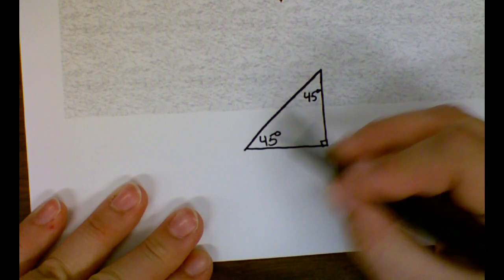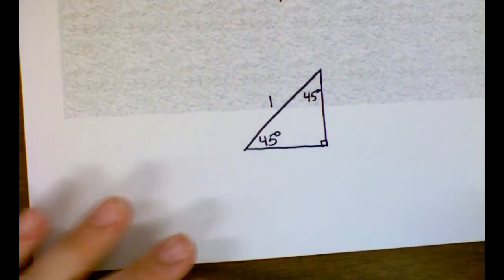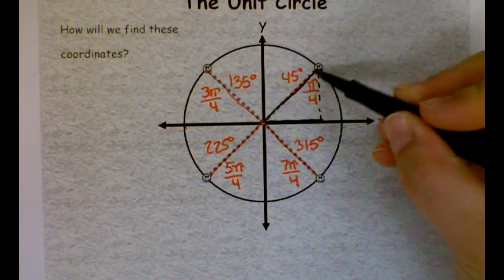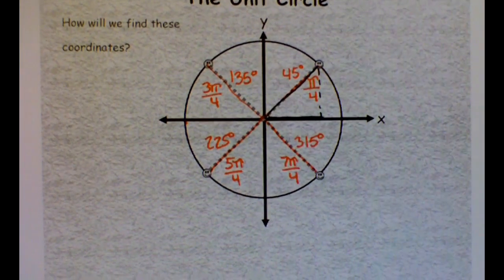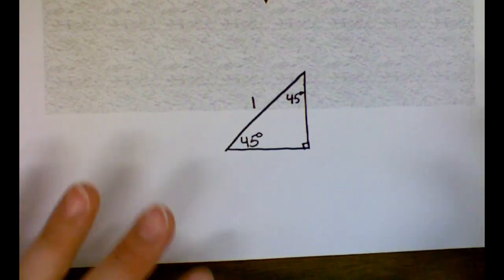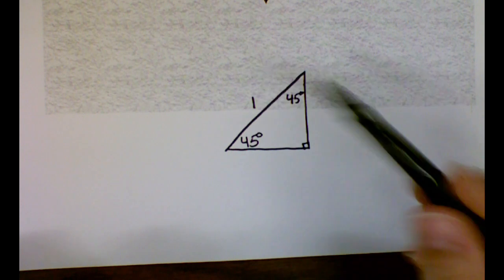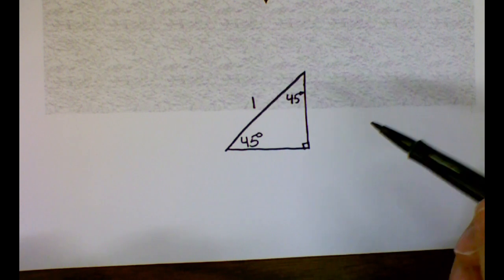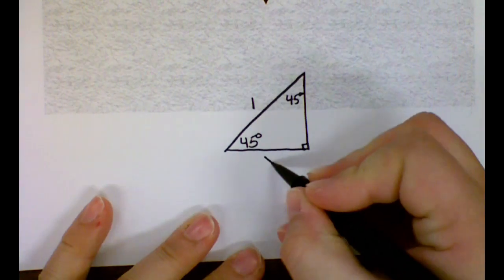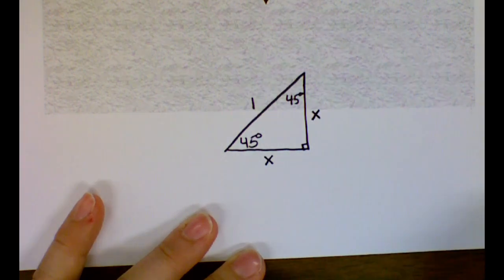We know that the radius is 1 because it's a unit circle, and if I look back at my circle, the radius is the hypotenuse of this triangle. We also know that in a 45, 45, 90 triangle, it is isosceles. An isosceles triangle, two sides are the same, so we'll call these x and x.